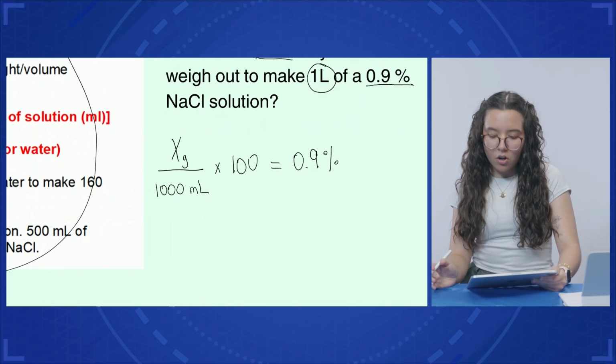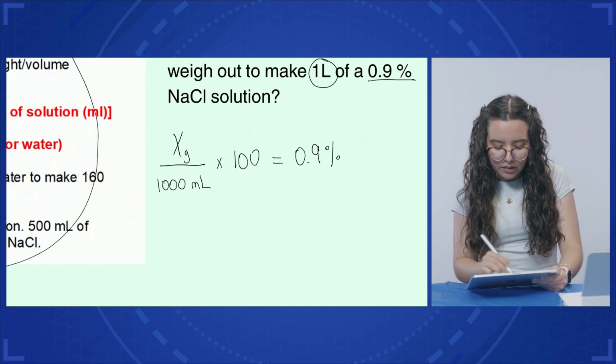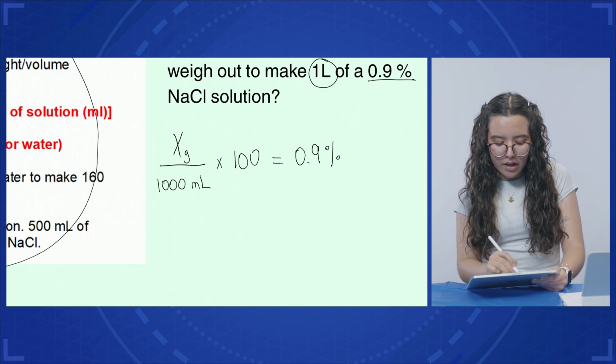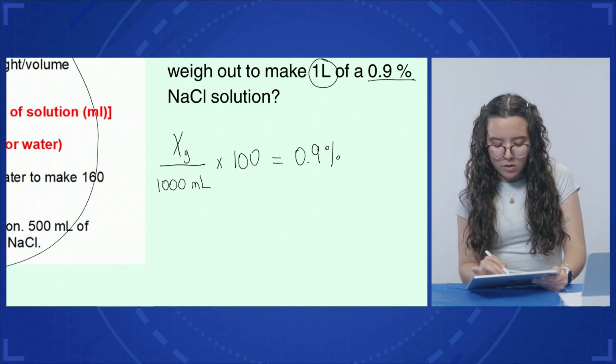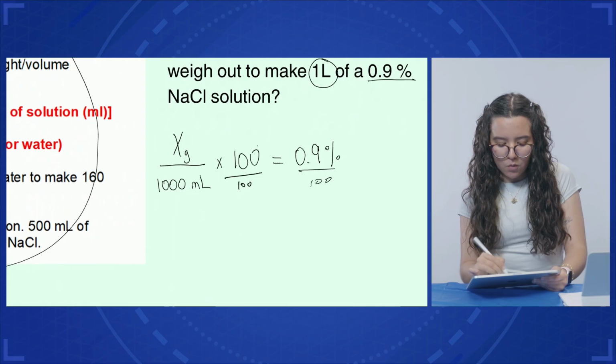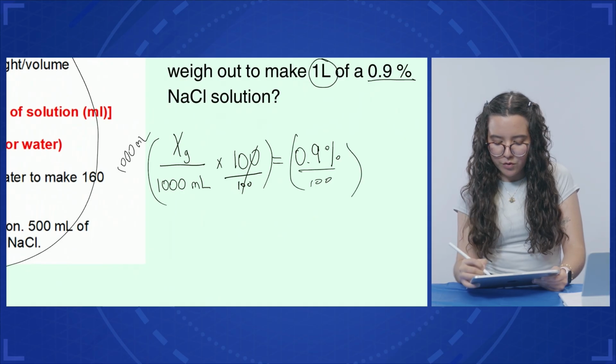Now we actually just have to solve it. So here it's just simple arithmetic. We have this 100 that's being multiplied, and we want to get the X by itself. So we can just go ahead and divide that 100 off of both sides. But then we have this 1,000 here too that's being divided, so we're going to go ahead and multiply that over.